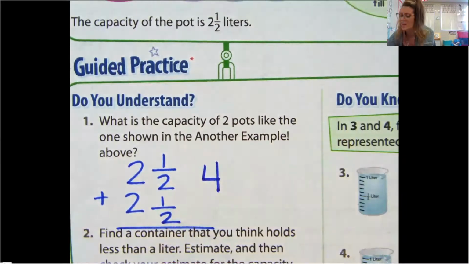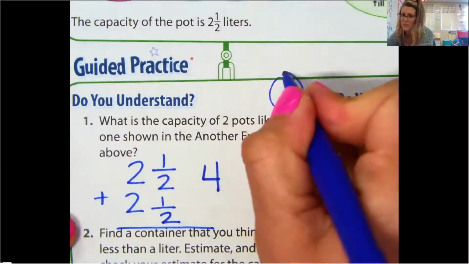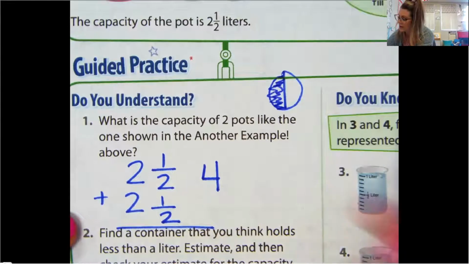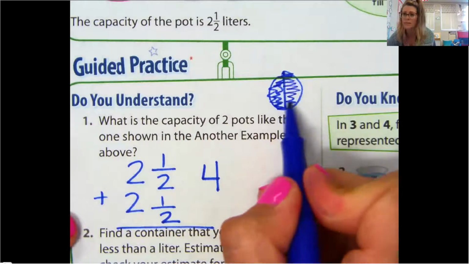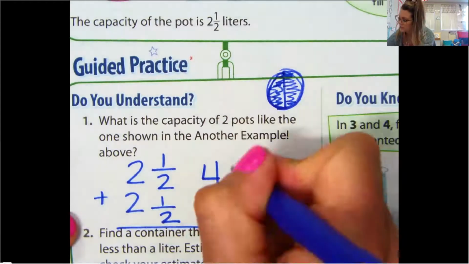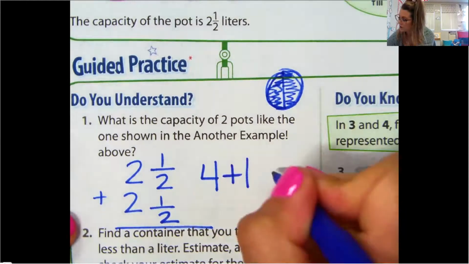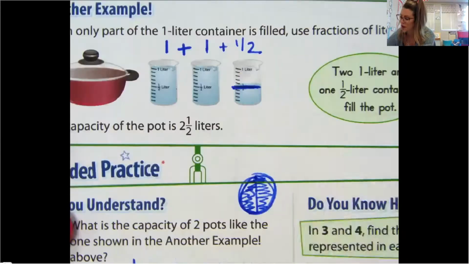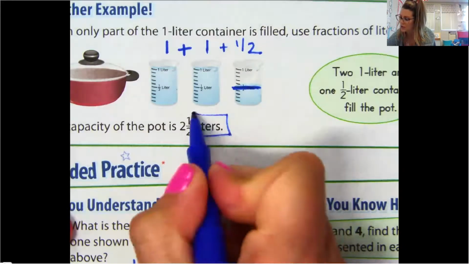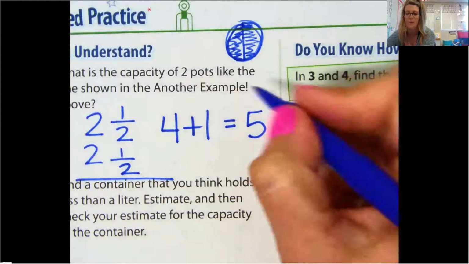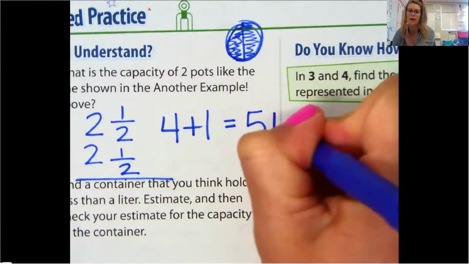And then if I split this in half, I have a half, and then another half, that equals what? It equals 1 whole, right? So 4 plus 1 equals what? 5. 5 what, though? Do not forget to include liters. And we can just abbreviate by putting in L, okay?